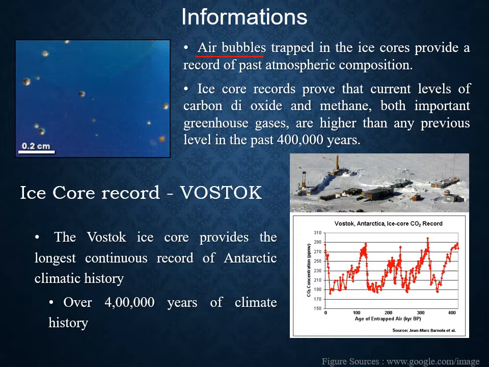Say, for example, the greenhouse gases, the percentage of carbon dioxide, methane, nitrous oxide, and others also. So, directly by studying these tiny gas bubbles trapped within the ice cores, we can get an idea about the ancient atmosphere, and also we can compare the ancient atmospheric composition with respect to the present atmospheric composition.